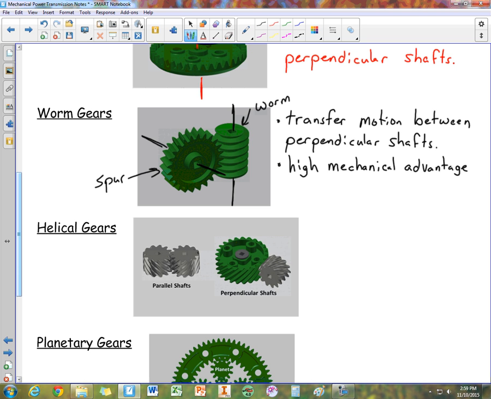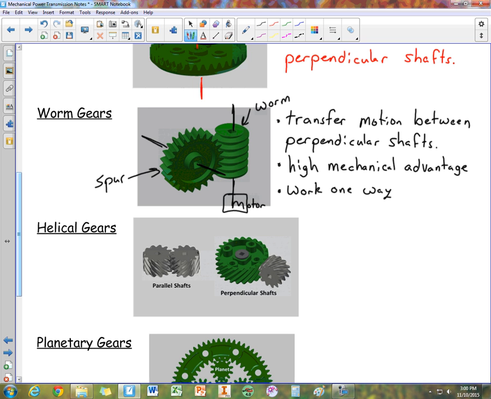And what this means is that they only work one way. You have to put your motor on the worm gear. If you put a motor on the spur gear, it will not turn the worm gear. That's typically what happens when you have very high mechanical advantage. They only work one way. So you can think of this as a really handy little brake.